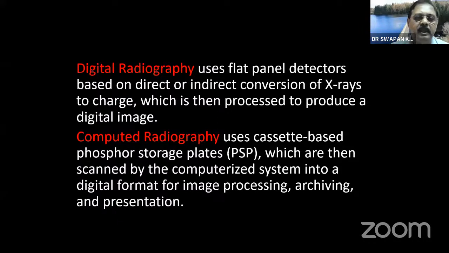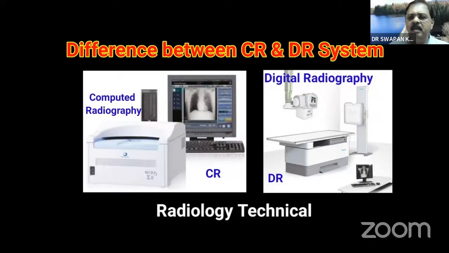On the other hand, digital radiography is a very recent one and uses a flat panel detector based on the direct or indirect conversion of the X-ray to a charge, that is, an electrical charge that is processed by the computer into a digital image, and it is a very fast process. But it is expensive, so it is seen only in very few ultra-modern setups.